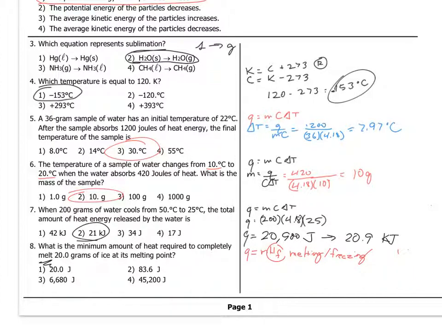So they used melt, so I'm going to use Hf. And they do want heat, so we don't need to rearrange it. It's already set up to solve for heat. The mass is 20 grams, and the heat of fusion for water is 334. So when I find the product of those two numbers, I'm going to get 6,680 joules, or choice 3.